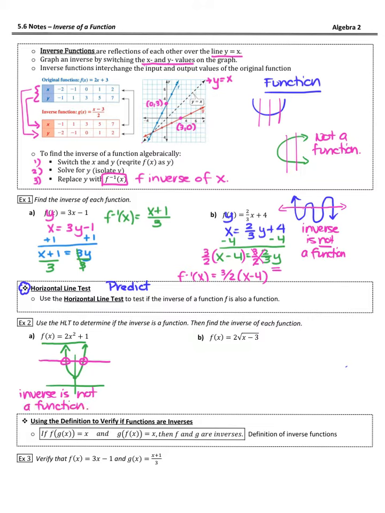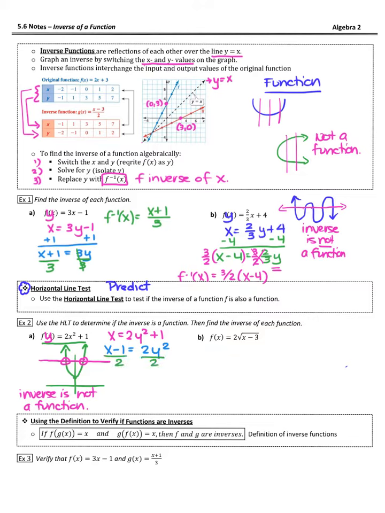Okay, well, let's look at what happens if we actually find that inverse. So again, the process is we let this be y, and I go x equals 2y squared plus 1. And so we subtract 1 from both sides. And then we're going to divide by 2.